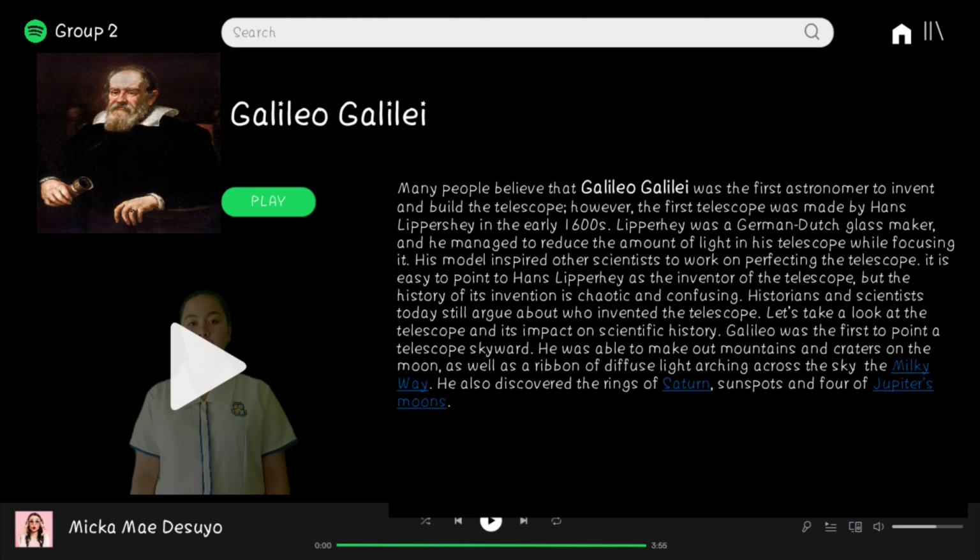Galileo Galilei. Many people believe that Galileo Galilei was the first astronomer to invent and build a telescope. However, the first telescope was made by Hans Lippershey. Lippershey was a German-Dutch glassmaker, and he managed to reduce the amount of stray light in his telescope while focusing it.